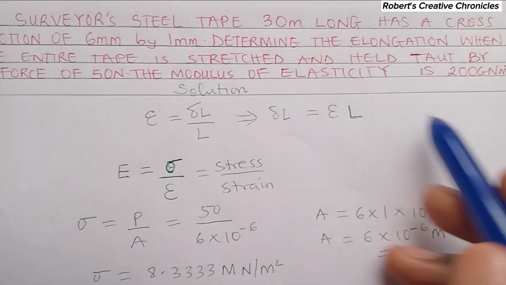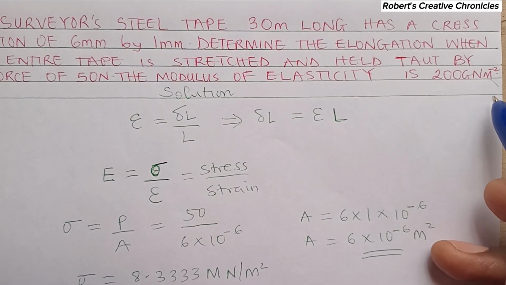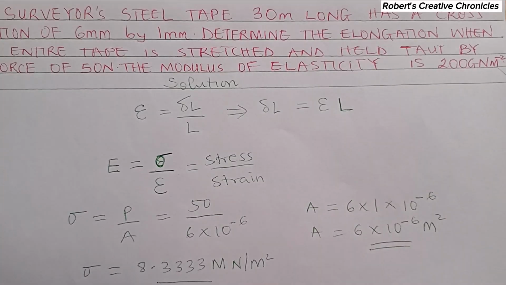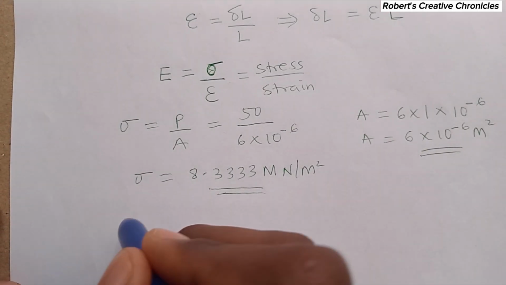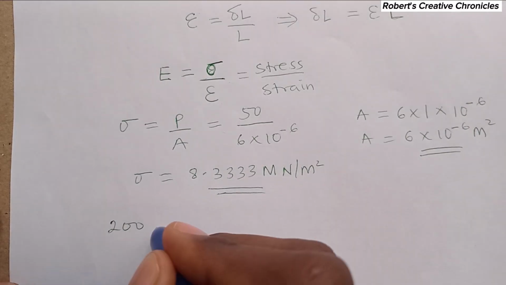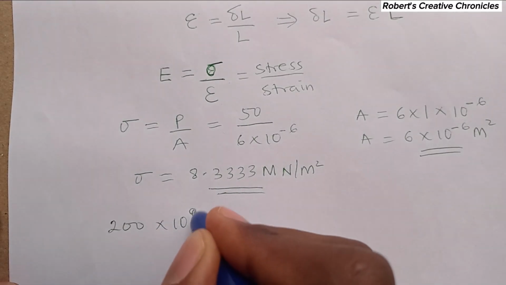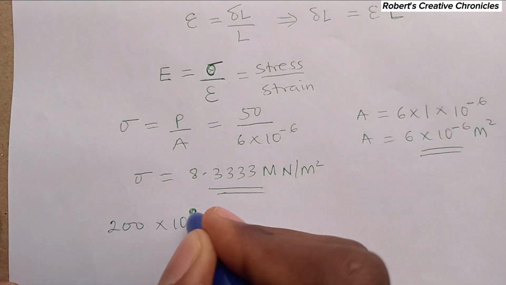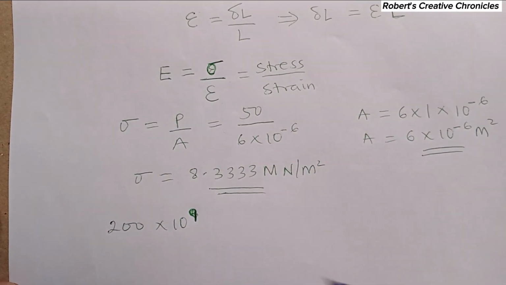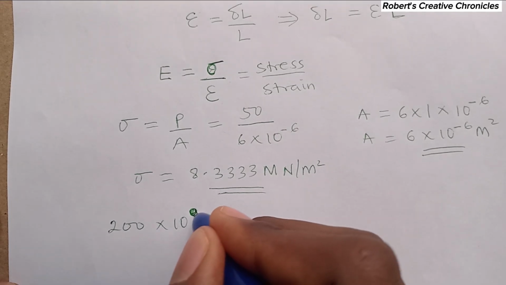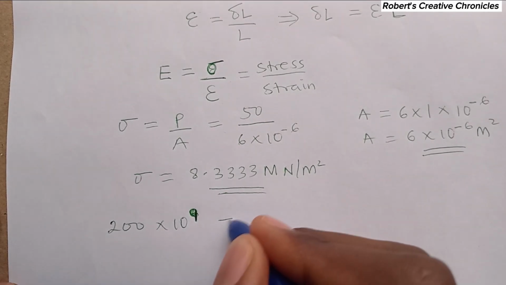So the modulus of elasticity is 200 giganewton per meter square. So we'll write 200. Giga is 10 raised to the power of 9. Is equal to what?